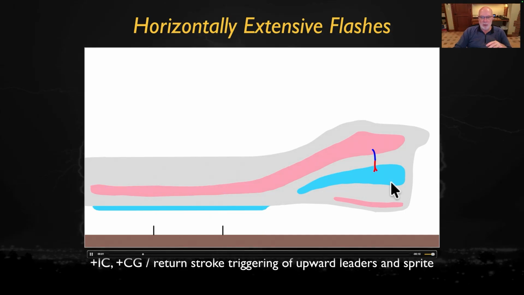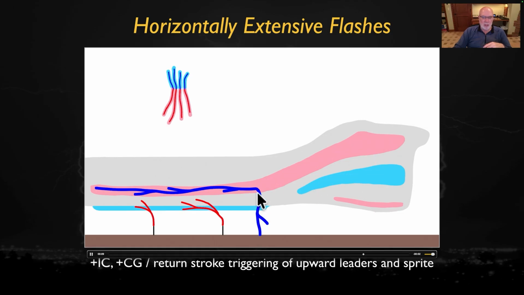So in this case, we look at an example where you have an IC flash that decays, positive leader develops, causes a positive CG return stroke, and it's this return stroke that, in fact, initiates the sprite. Again, sprites are very short duration, a matter of milliseconds, whereas the upward leader and the lightning flash itself is much longer than that.